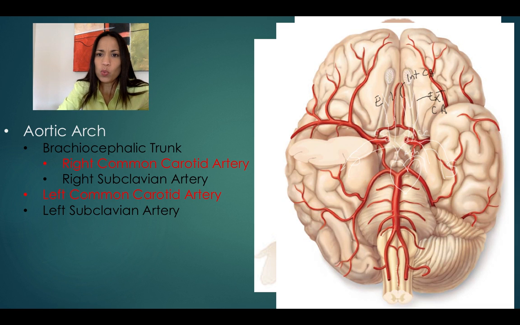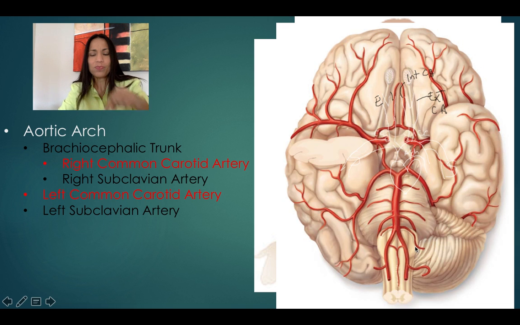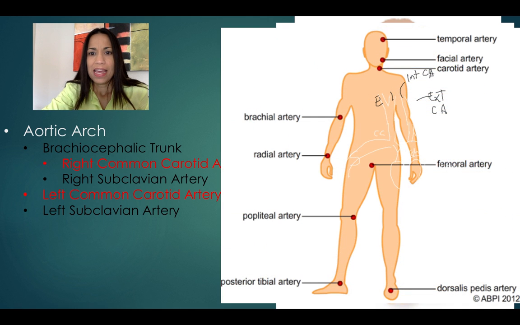So in case we have an obstruction, an ischemic disease, a hemorrhage, or something goes wrong with one of the branches, we have a backup system for that injured artery. Don't worry, we're not going to go deeper than that.